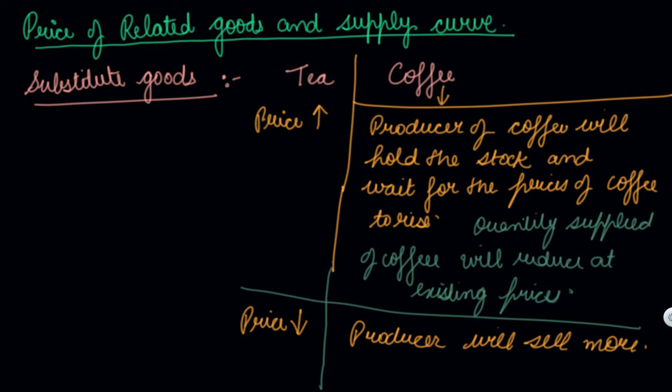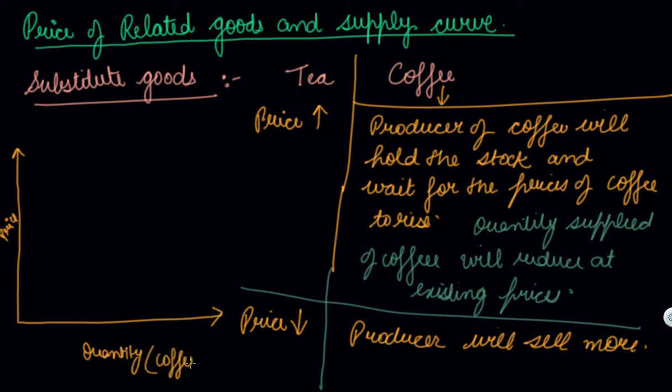Let's see the supply curve now. This is your supply curve. This is the price. This is the quantity, and this is the quantity of coffee. Because your price of coffee is taken as constant, and there is a change in the price of tea.